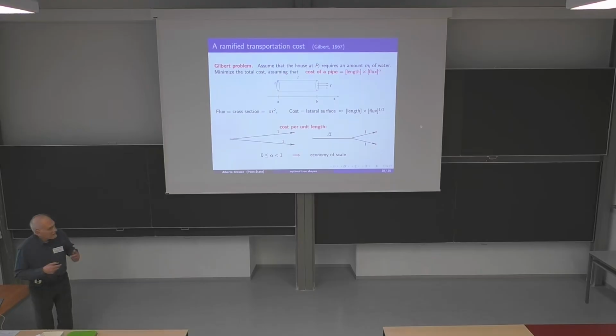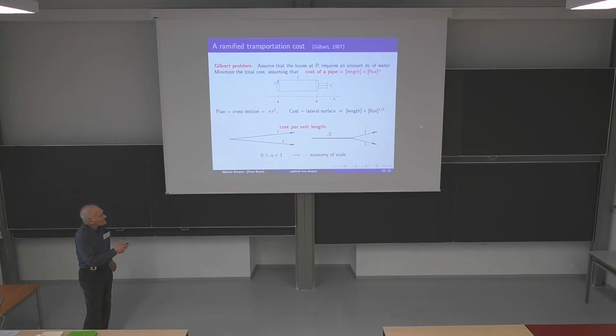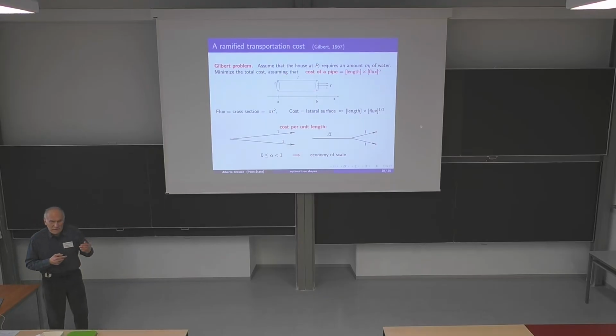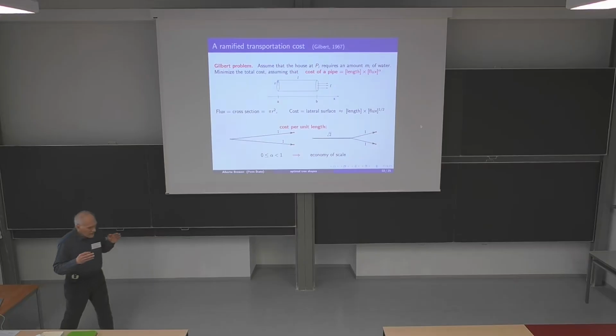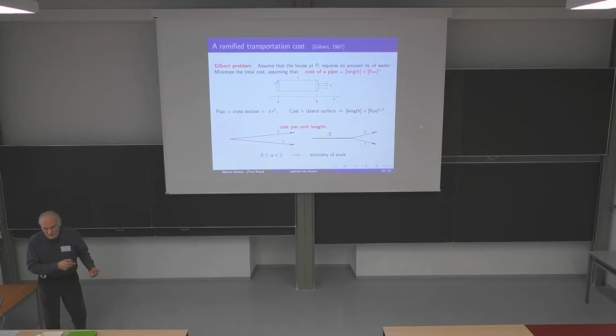So it grows in a sublinear way with respect to the flux. For example, assume that I want to transport 2 units of water, one to here and one to here. If I just build 2 pipes, I pay one for this and one for that. If I put them together at least part of the time, during this portion here, per unit length, I'm not paying 2, but I'm paying square root of 2.